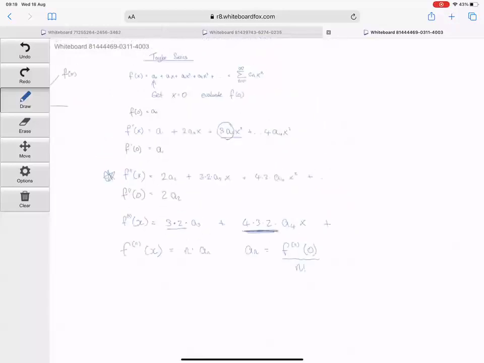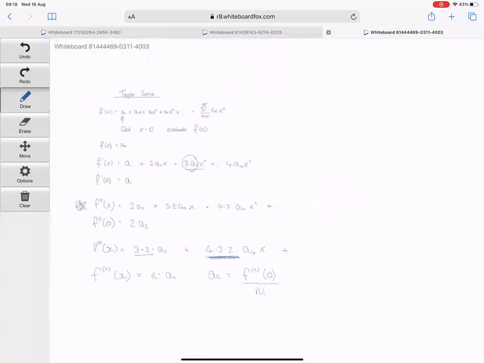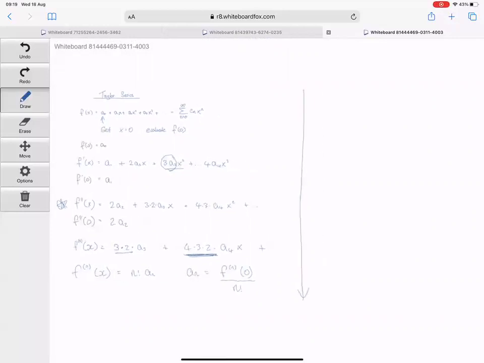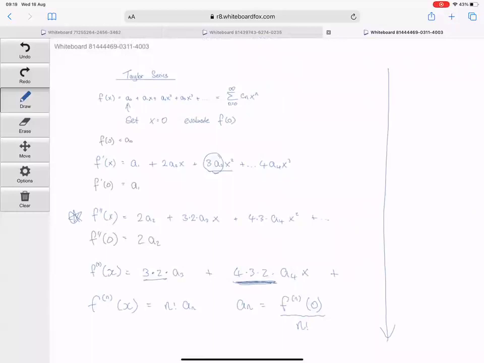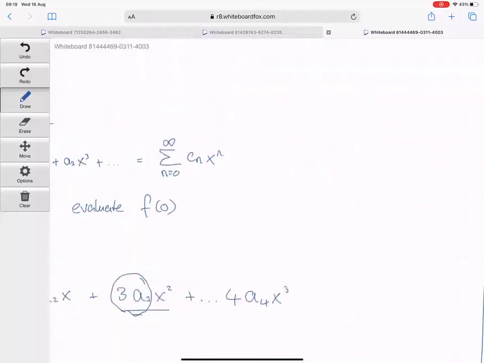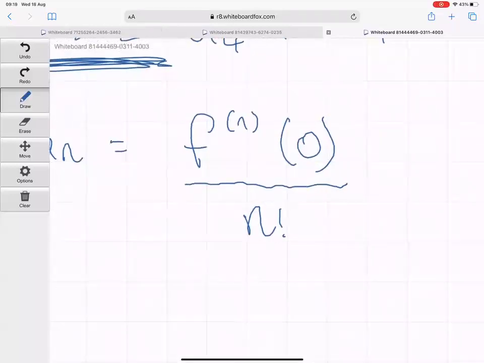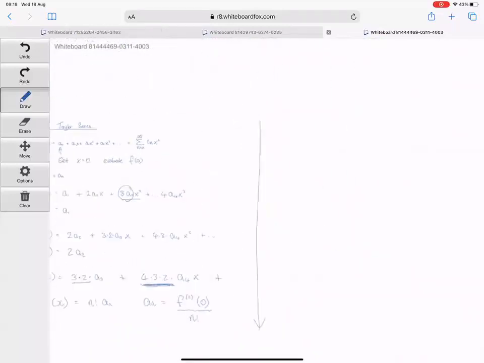Okay, so let's now use this powerful trick. We can rewrite our function, and instead of having the constants times the x values, I can now rewrite it using this for the constants, and you'll see why that becomes useful.